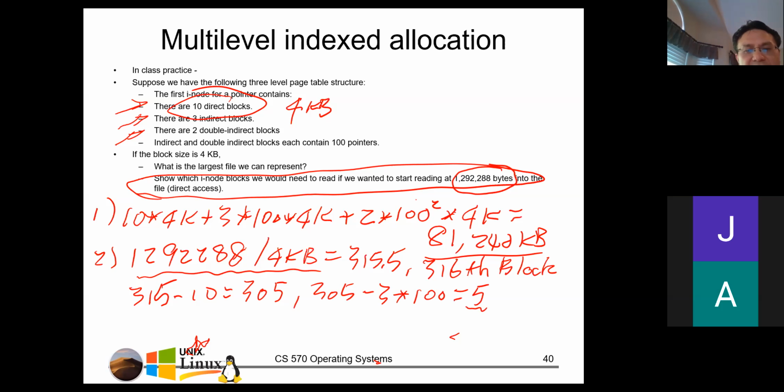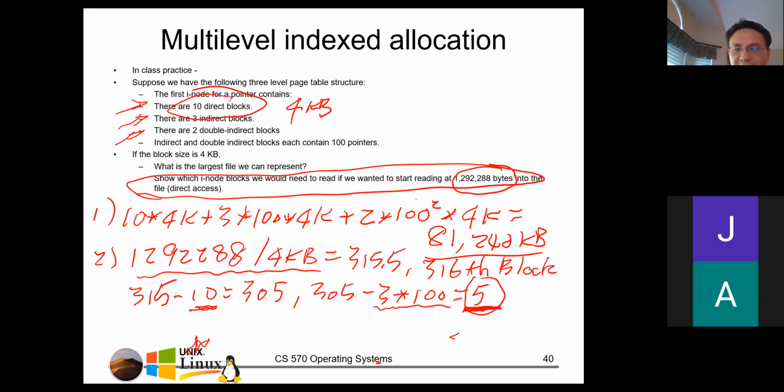So first you have 10 direct blocks, and then 3 single indirect pointers pointing to 300 blocks, right? Then after that you will have 5 blocks left. These 5 blocks are in the double indirect block, right? So essentially, we need to read into the first double indirect block.